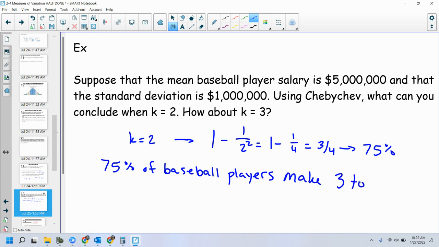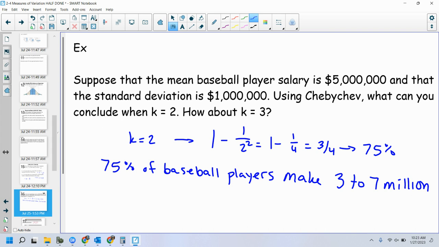Make 3 to 7 million. Does that make sense? Because they make within 2 standard deviations away from the mean. If the standard deviation is 1 million and my mean is 5 million, then I can go as low as 3 and as high as 7 and definitively say that at least, and I can use that terminology, at least 75% of the data fits within 2 standard deviations. So at least 75% of baseball players make $3 to $7 million.